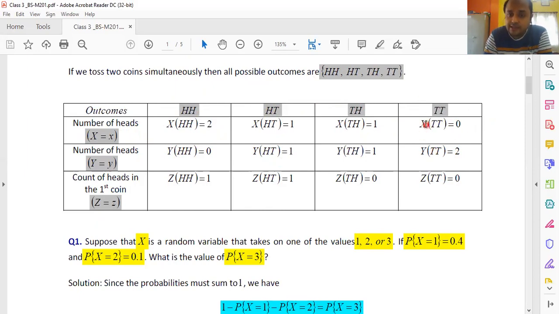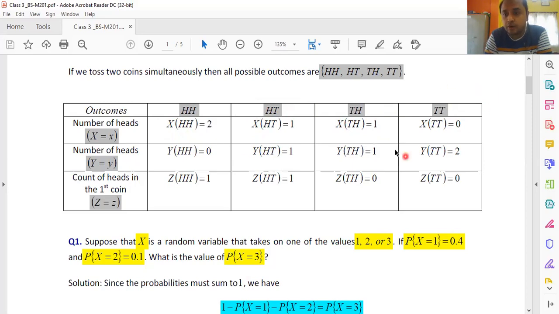Or if I say that I'm tossing a coin which is biased, then also you can allocate the probabilities in the following manner. You can consider probability for HH to be half and probability of HT to be half, and these two probabilities are 0. Or you can put probability of HT to be 1 and all the rest of the probabilities to be 0.